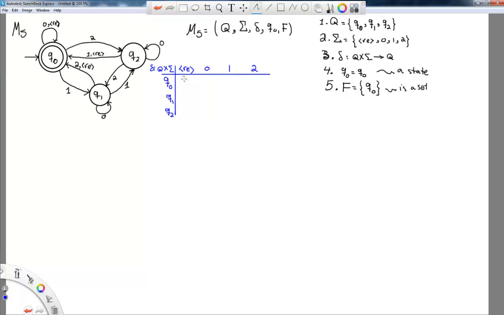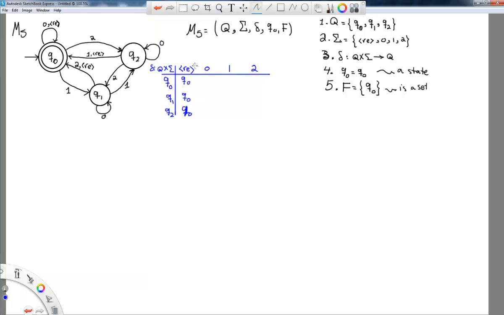If we're in q sub 0 and we see reset, we go to q sub 0. If we're in q sub 1 and we see reset, we go to q sub 0. And if we are in q sub 2 and we see a reset, we go to q sub 0. So reset effectively resets the system, goes back to q sub 0. As a byproduct of this, if the last symbol that you're reading is reset, then that sequence is going to be accepted. So it accepts automatically all the strings that end with the reset button.